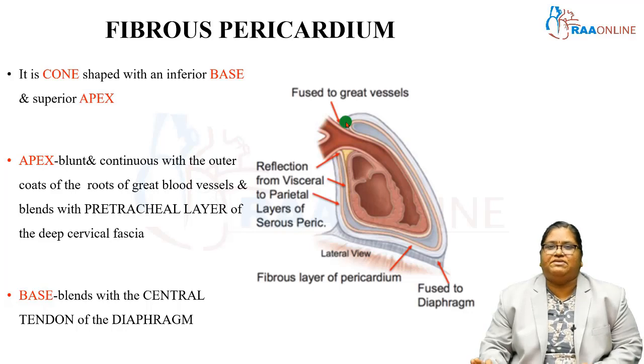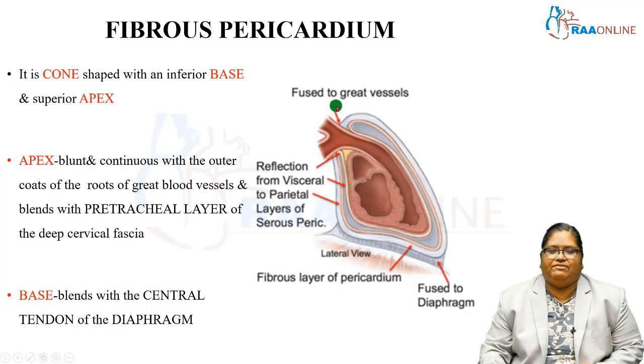As we know, the deep cervical fascia of the neck has three layers: the investing layer, the pretracheal layer and the prevertebral layer. This fibrous pericardium blends with the pretracheal layer of the deep cervical fascia.